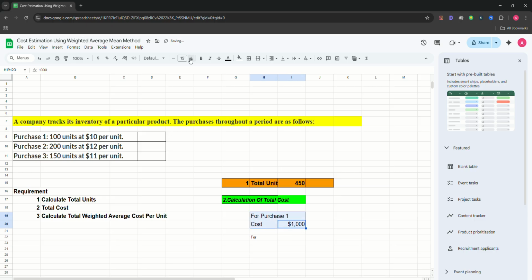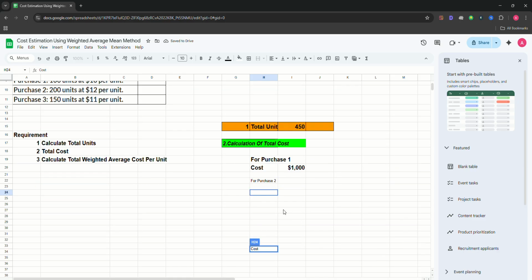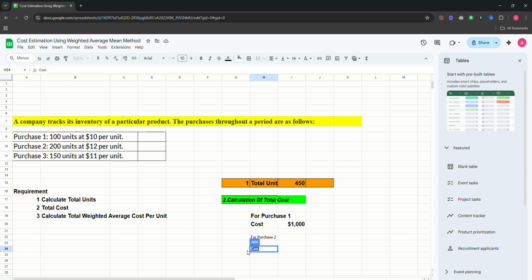For purchase 2, let me enhance the font size so that you can understand better. For purchase 2, the cost is 200 into 12, which is 2400.